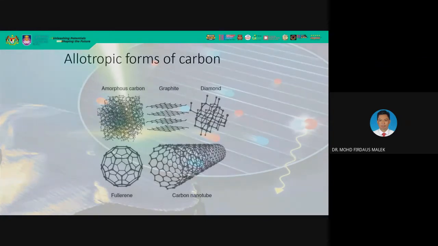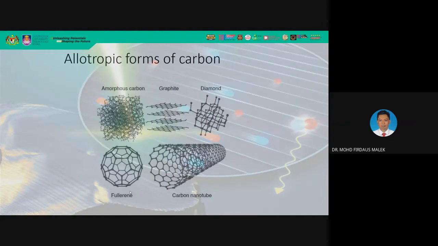So allotropy is the existence of a chemical element in two or more forms. That means it has more than one form. For carbon it has more than two, which you can see in the slide, which are graphite, diamond, fullerene, and carbon nanotube.